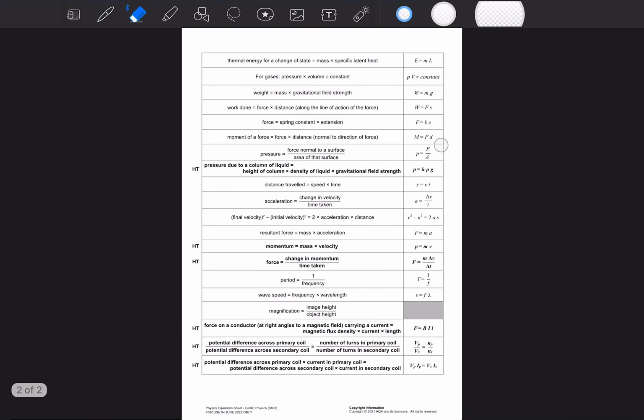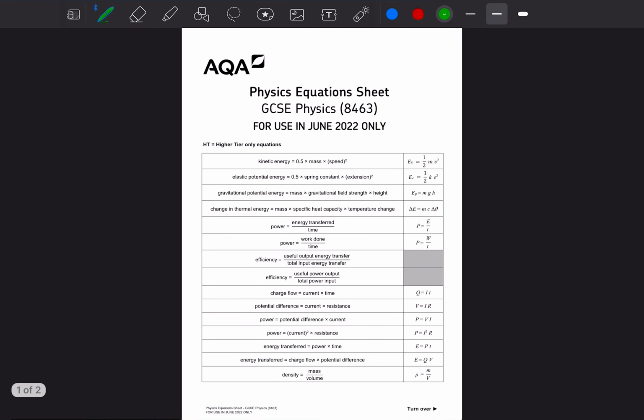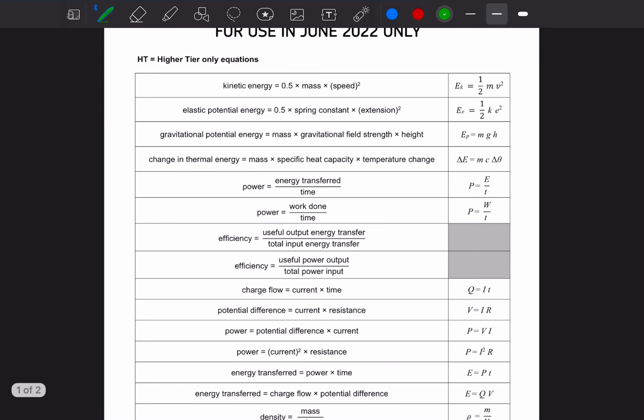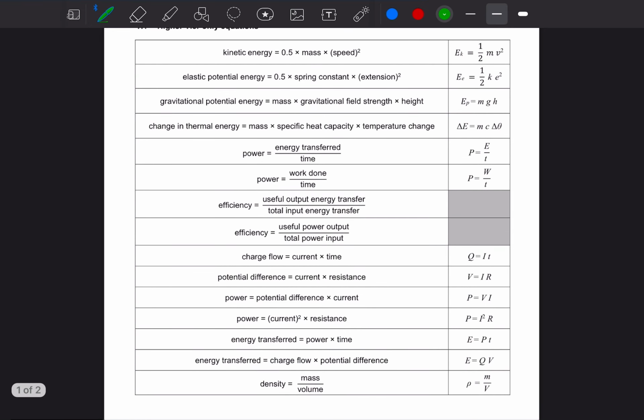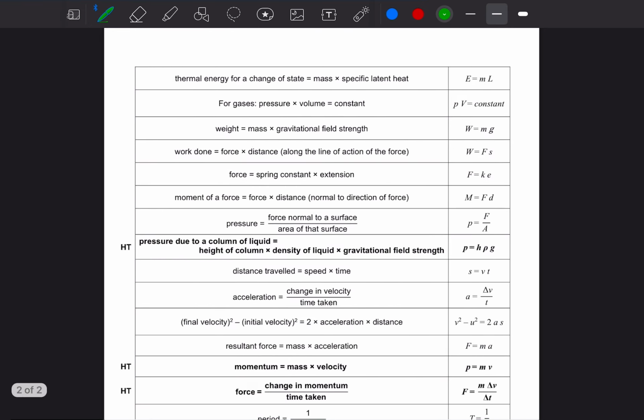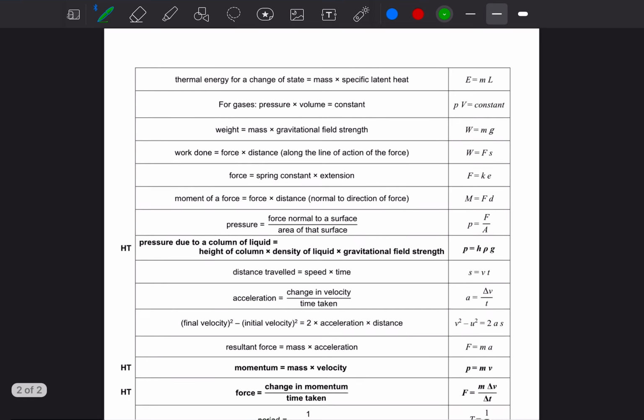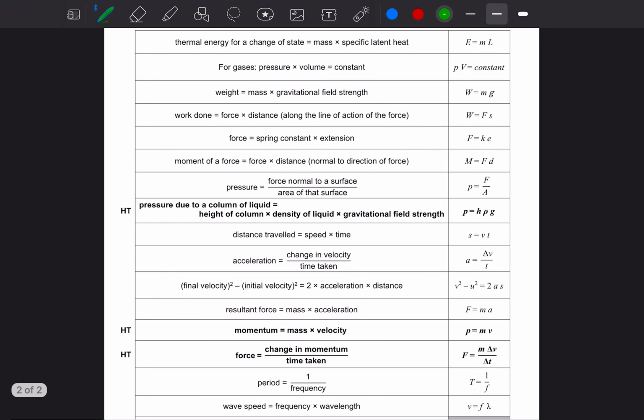But let's just go to our data sheet. Again, it's the exam, so let's check. So we're looking for something that's got speed in it. Or I suppose it could be velocity, because velocity is speed but in a direction. Let's have a look. I don't find it. Aha, there we go.